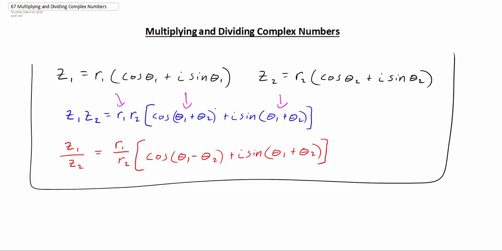So with multiplying, it's very easy. We just multiply the r, and then we add the two angles together. And when it comes to dividing, we're simply going to divide the r values, and then simply subtract the angles. So it's going to be theta sub 1 minus theta sub 2, because it's r1 divided by r2.